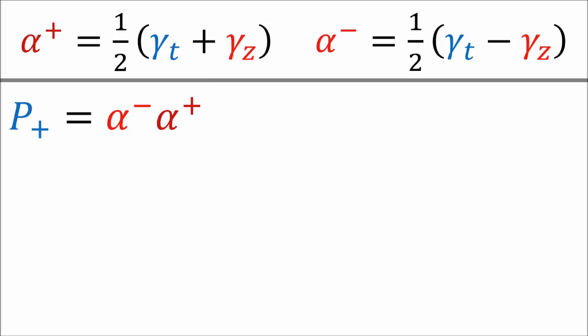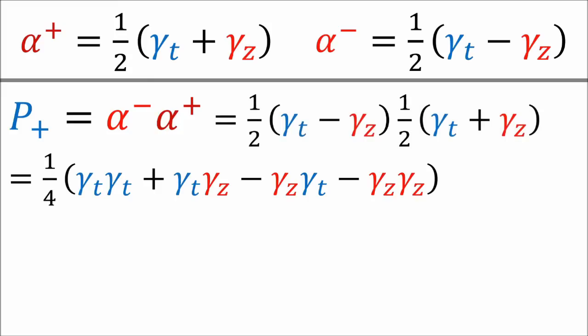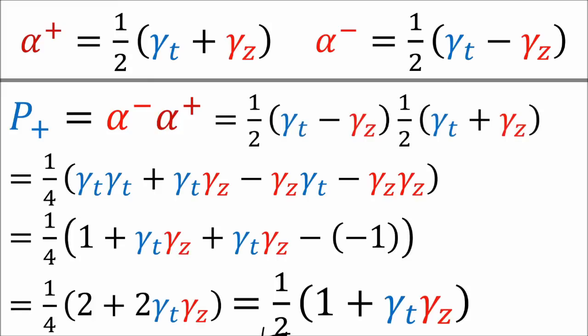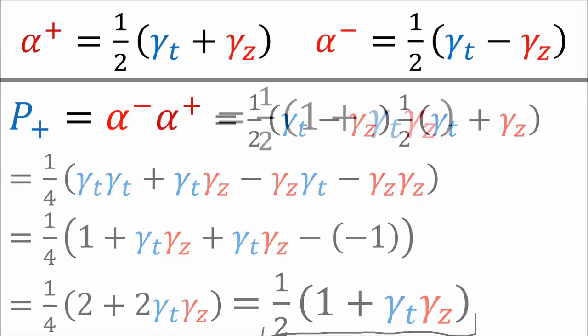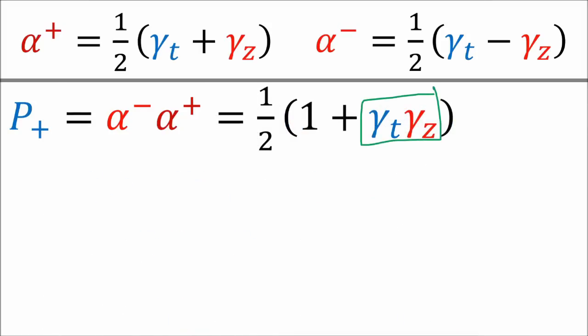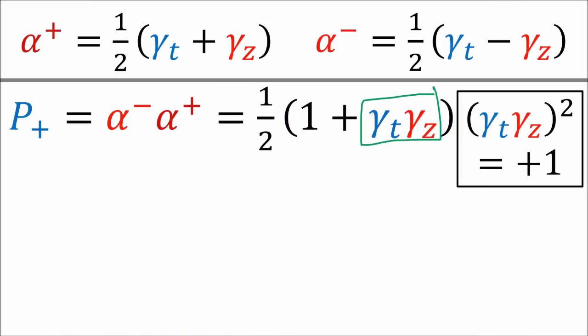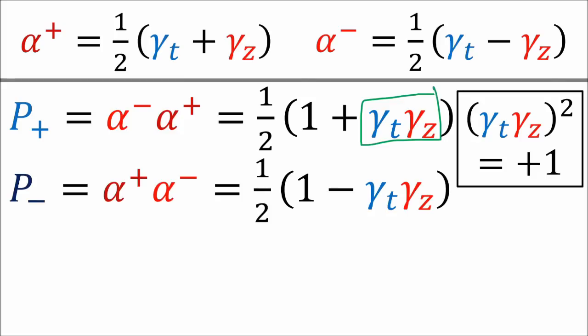We'll define P plus as alpha minus times alpha plus. Expanding all this out, we get 1/2 times 1 plus gamma t gamma z. This gamma t gamma z bivector squares to plus 1, so this looks like the projectors we're familiar with from previous videos. We also define P minus to be alpha plus times alpha minus.